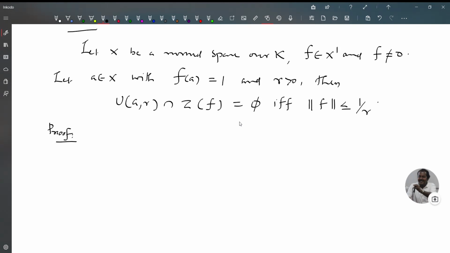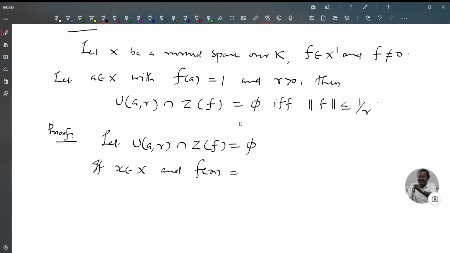First, let U(a, r) intersection null space of f be empty. Now if x belongs to X and f of x is not 0, then a minus x by f of x belongs to the null space of f.